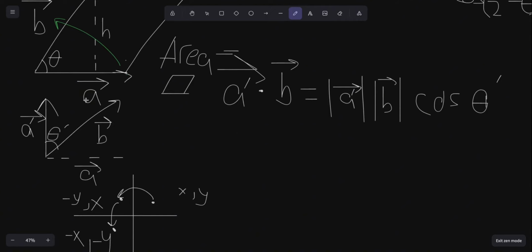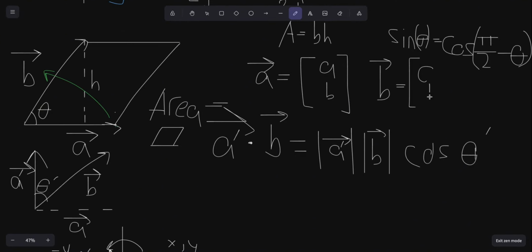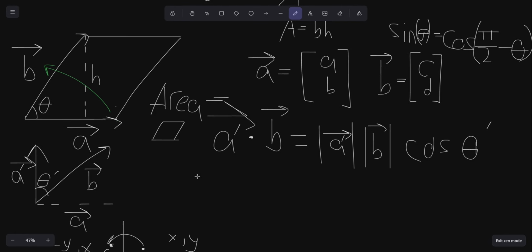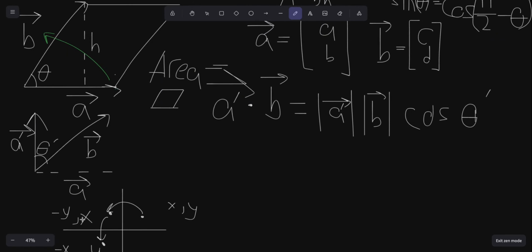So let's say that initially vector A had the components of a, b. And let's say that vector B initially had the components of c, d. If I have vector A prime, and that's vector A rotated by 90 degrees, then what I'm going to do is just swap the components.